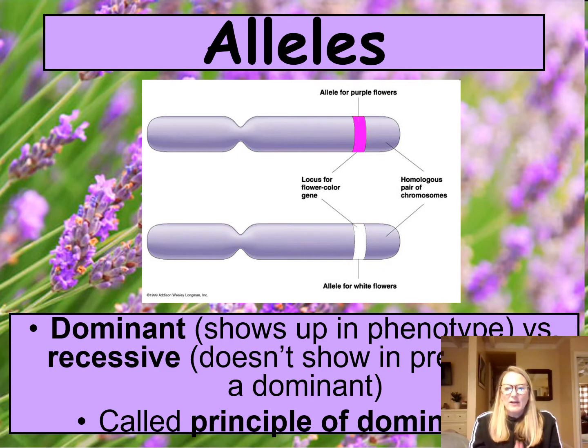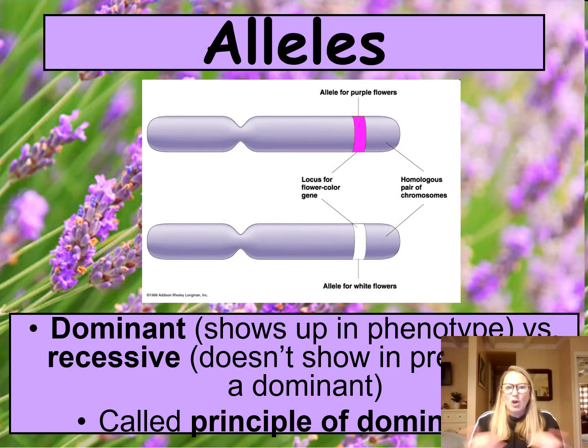If you inherit a recessive allele from a parent, you will only express or show those recessive alleles if you get another recessive allele from the other parent. If at any time you inherit a dominant allele from either parent, that dominant allele is going to show up.